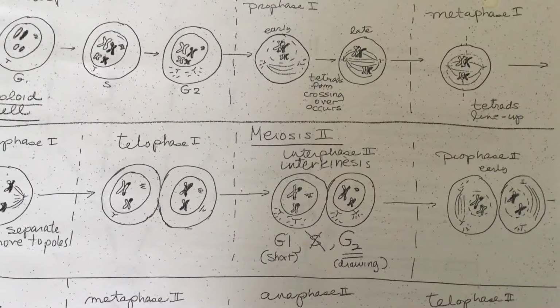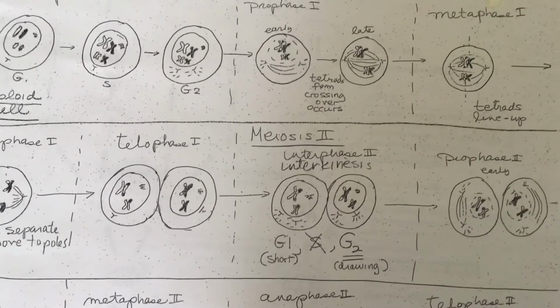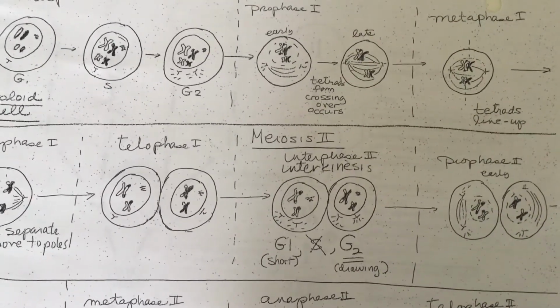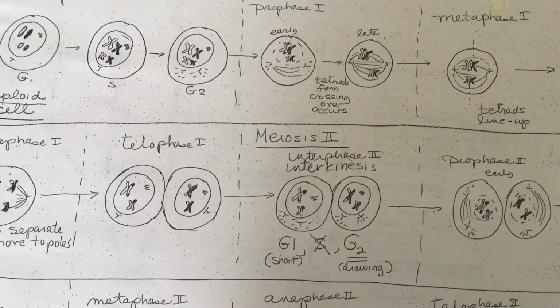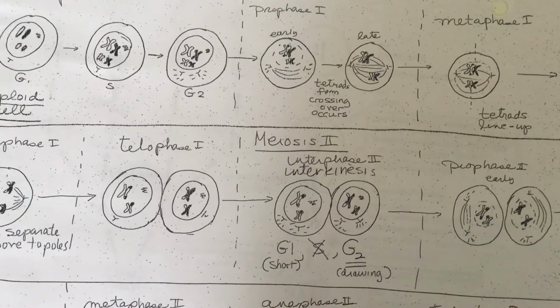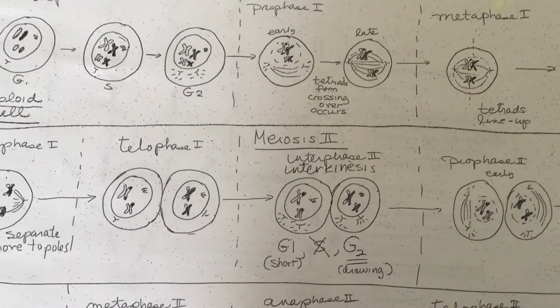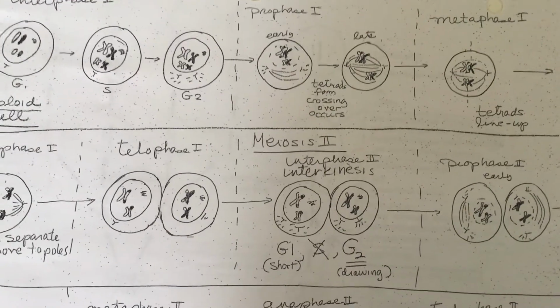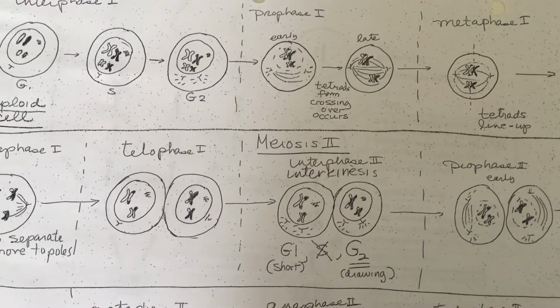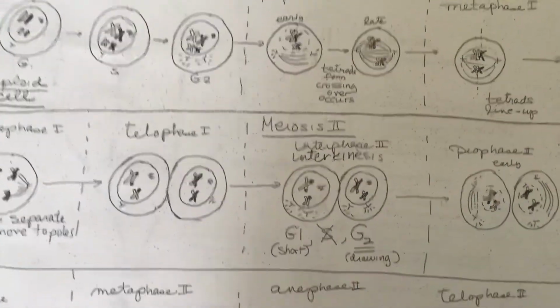And so what really is just happening is G2. G2 is where the centrioles divide and make 2 of them for each cell. This is going to be for creating the spindle. So that's the main thing that happens. And like I said, some books don't even consider that it has an interphase at all, interphase 2. Some people just call it interkinesis, all right?